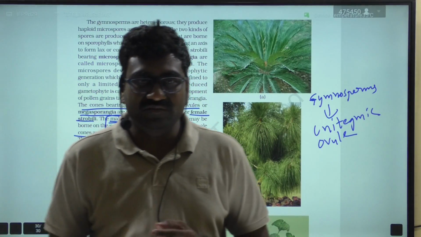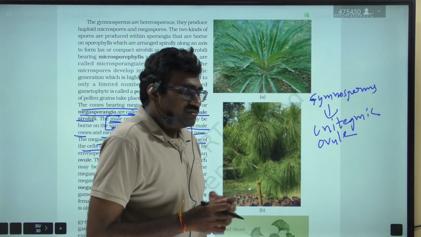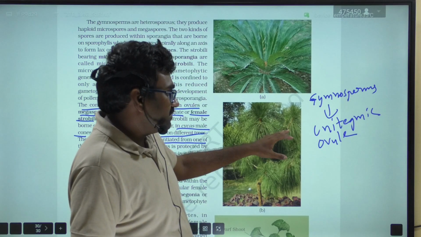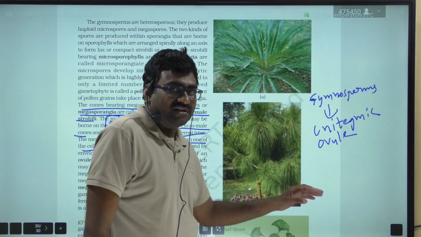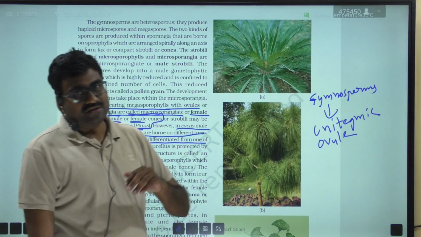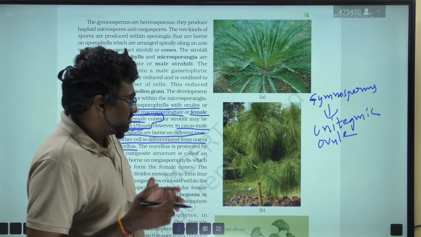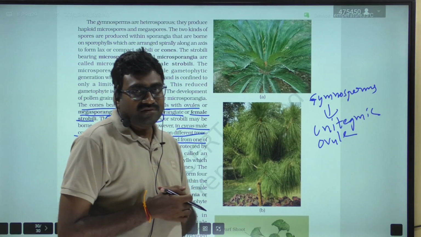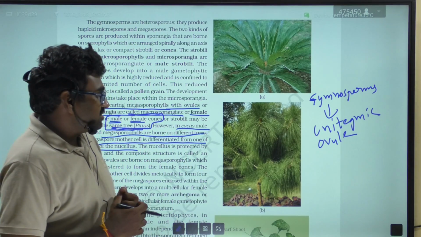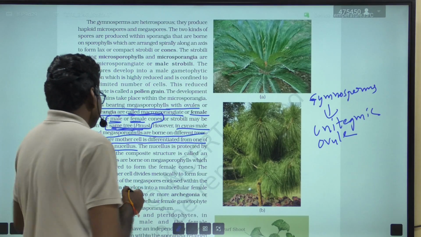There are some exceptions, but those are not necessary here. Most gymnosperms contain only one integument, that is unitegmic, whereas in angiosperms it is bitegmic, with an outer integument and an inner integument. The nucellus is rich in food materials.